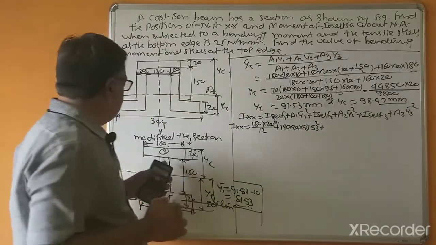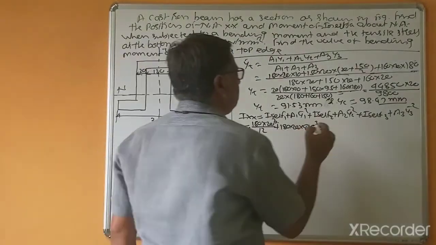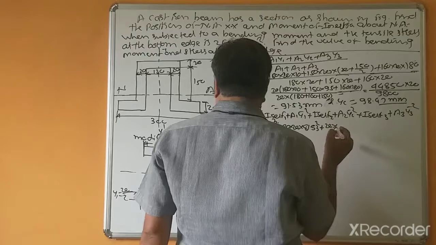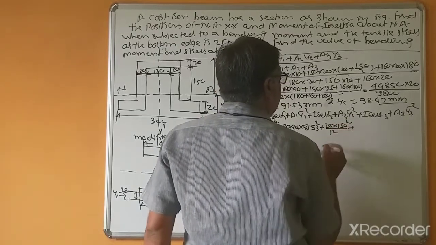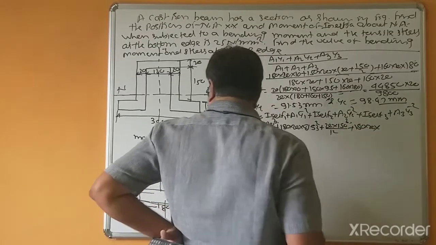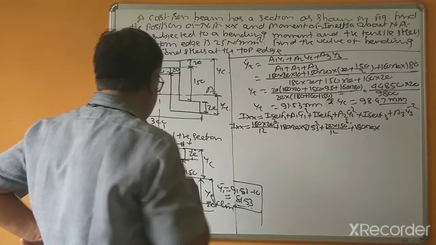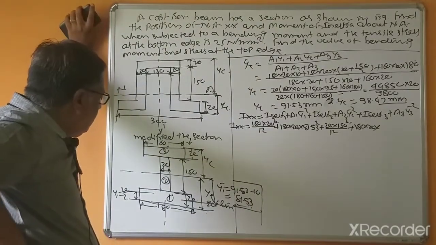Second, self moment of inertia: B2 equal to 20, depth equal to 150, so 20 into 150 cube divided by 12, area 150 into 20, now the centroidal distance.